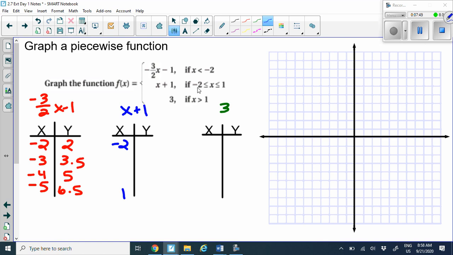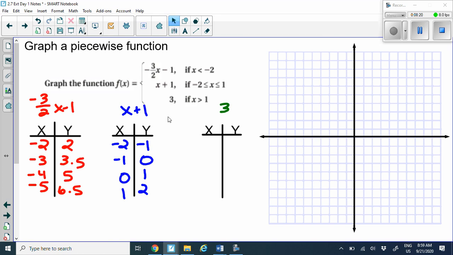So if you have 2 numbers for your restriction, you have to put both of them in your xy table, okay? Now we're going to choose some numbers that are in between -2 and 1. I'm going to do -1 and 0. There we go. So now we just plug these values into our x plus 1. So I get -1, I got 0, 1, and 2.